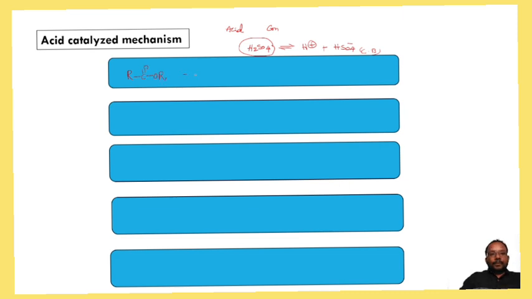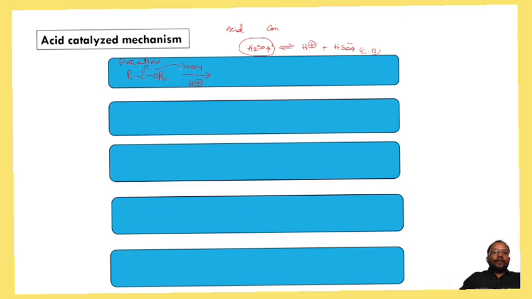We take the ester molecule RCOOR. Step 1 is a protonation step, protonation of the ester.